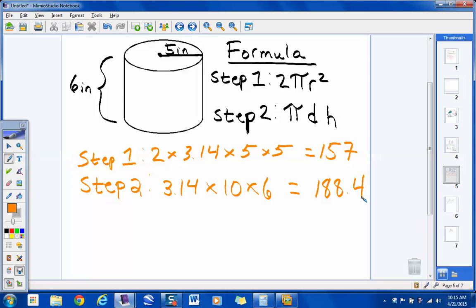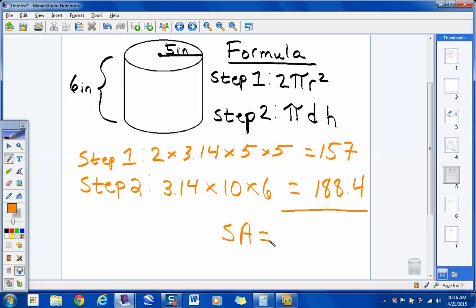Guys, the top and the bottom, the 2 circles, 157. The side, 188.4. How are you going to total this up now? What are you going to do? So my surface area, which I'll abbreviate SA, is 345.4.